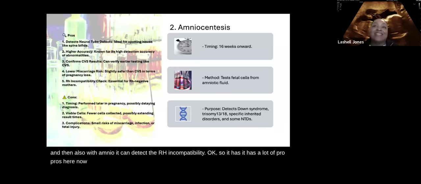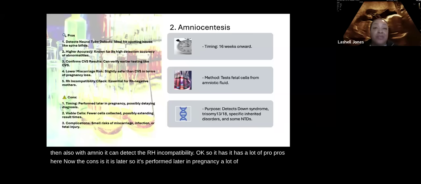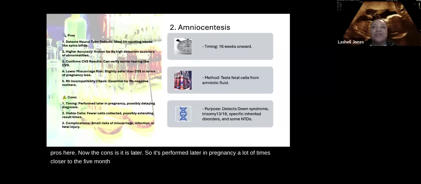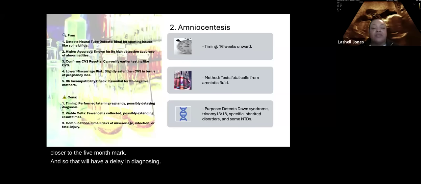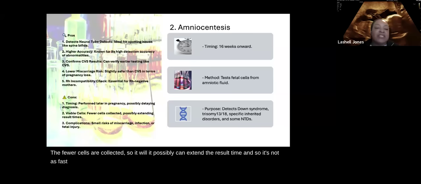Now the cons: it is later. So it's performed later in pregnancy, a lot of times closer to the 5 month mark, and so that will have a delay in diagnosing. Fewer cells are collected, so it possibly can extend the result time, and so it's not as fast as the CVS results.